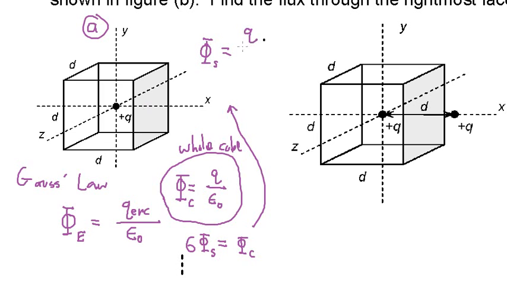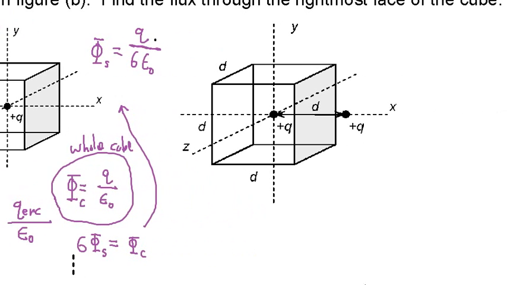This is the longest solution to a short problem ever, but what this means is that the flux out of one side is just this divided by 6, and so it's going to be that charge divided by 6 epsilon naught. Okay, there we go.